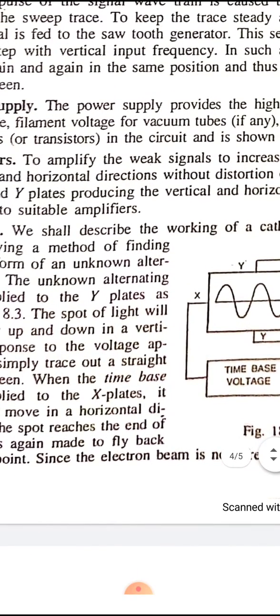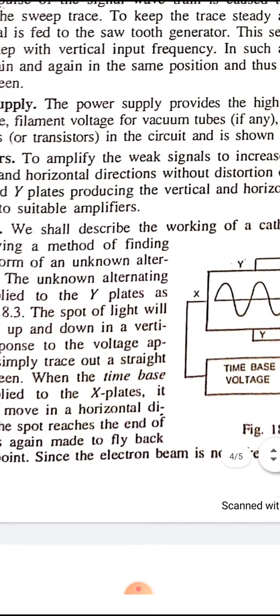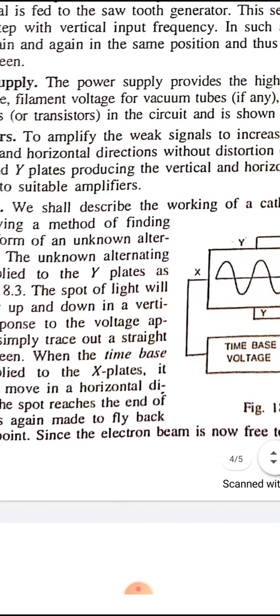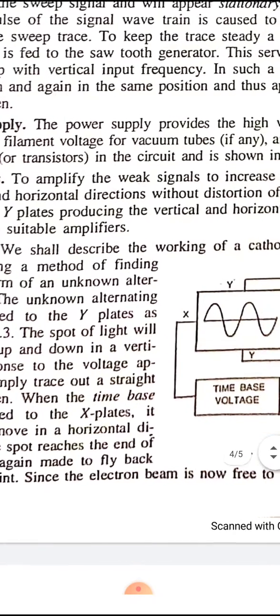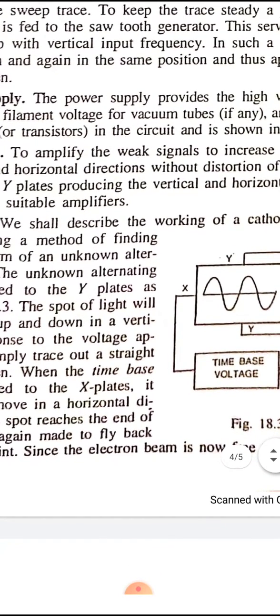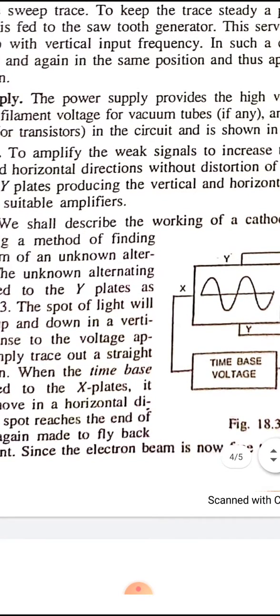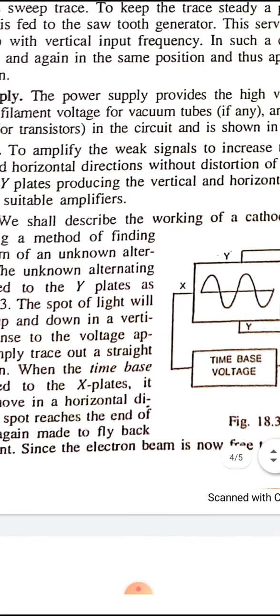When the time-base voltage is applied to the X plate, it makes the spot move in a horizontal direction, and as the spot reaches the end of the screen, it is again made to fly back to the starting point.